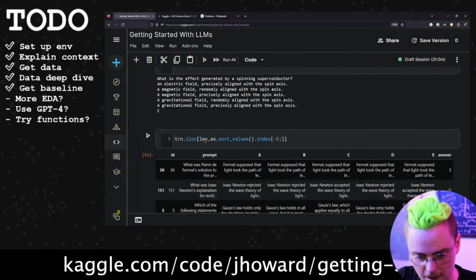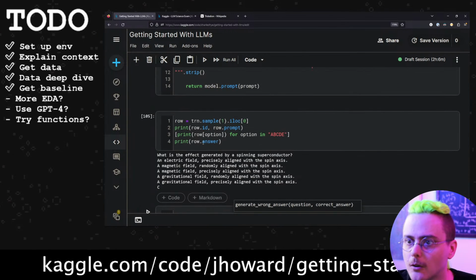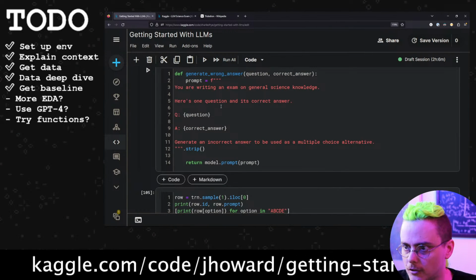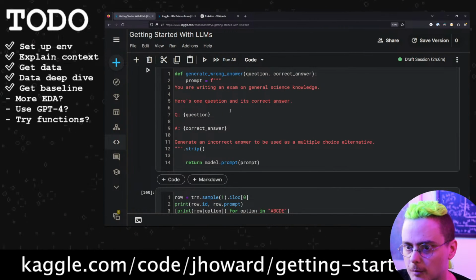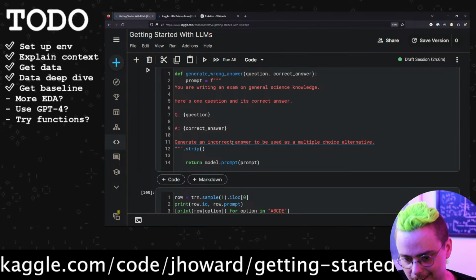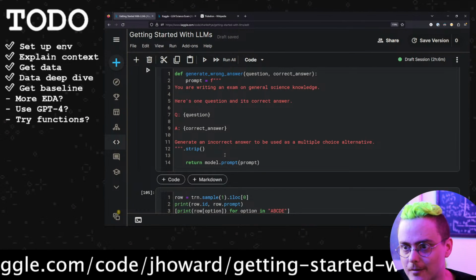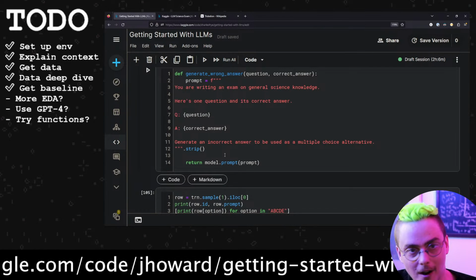All right, let's see how generating a wrong answer goes. Definitely I will want to fiddle with this prompt to improve the quality of these things. It's hard to figure out how to evaluate the quality of the model that is generating our data as well.